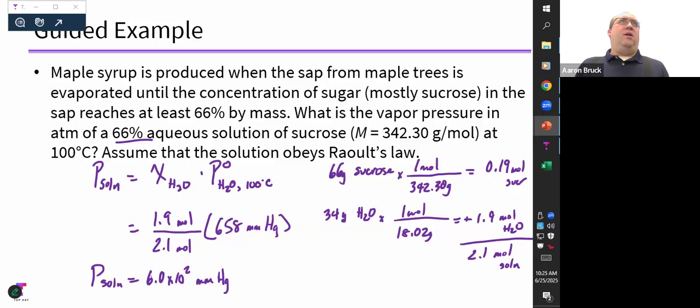Atmospheric pressure ranges between 750 and 760 millimeters of mercury. This solution is currently at 600. So we've got to raise the temperature to get it up to where it needs to be, so that you can continue to boil this off if you're actually trying to create a more concentrated solution here.